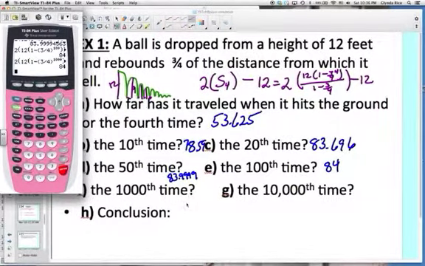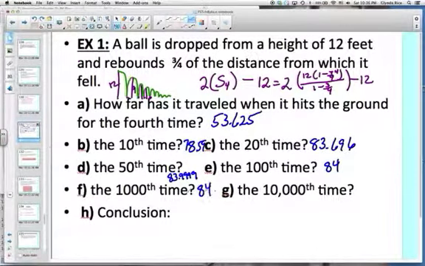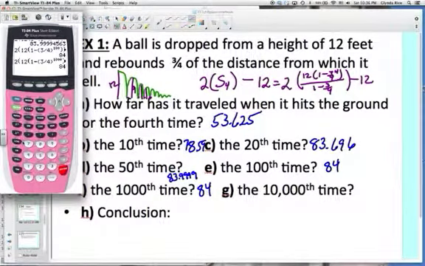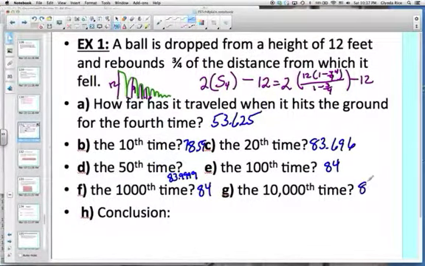How is it no more? So what do you think the 10,000th time? Do we really need to punch it at all? By the time you get to 10,000 bounces, and it's 3/4 the height each time it bounces, there's going to be a pretty small little bounce by the time you get there.